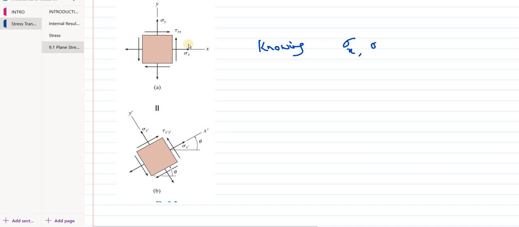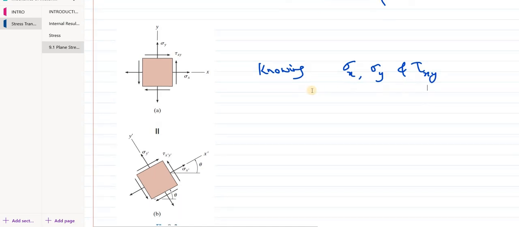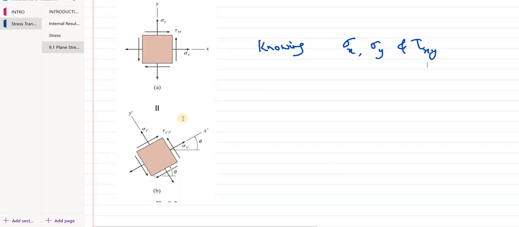Knowing the components of stress with respect to one coordinate system, x, y, knowing sigma x, sigma y, and tau xy in case of plane stress, and transforming them to another set of axes, say x prime and y prime axes, that is finding the components of stress in another system, x prime, y prime.